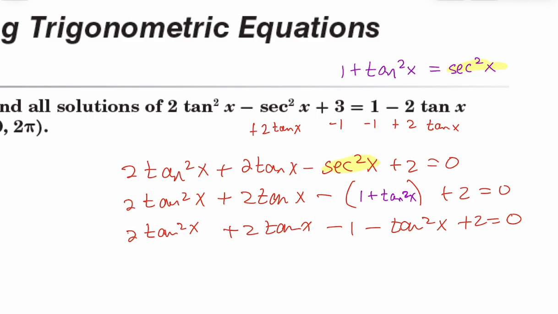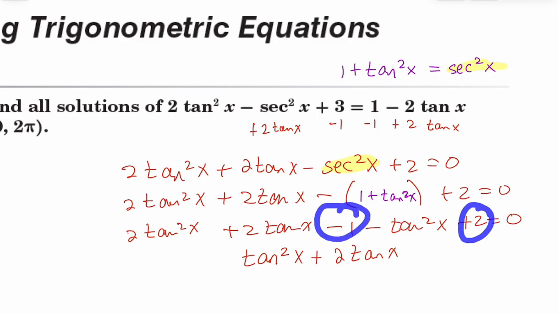Now a tangent squared and a tangent are 2 different things. So we can only combine this like term with that like term. And we get tangent squared plus 2 tangent of x. These are like terms. Positive 2 minus 1 is plus 1 equals 0.